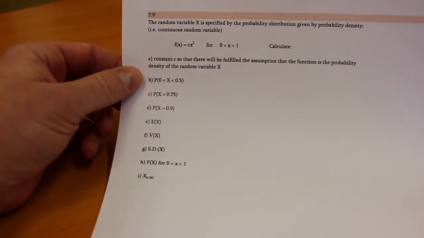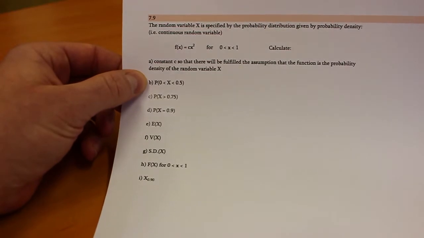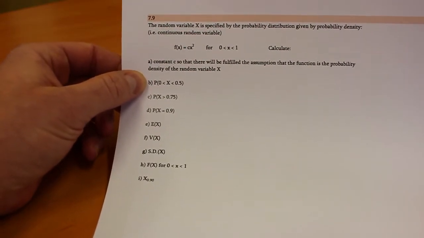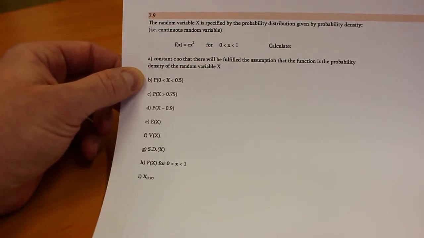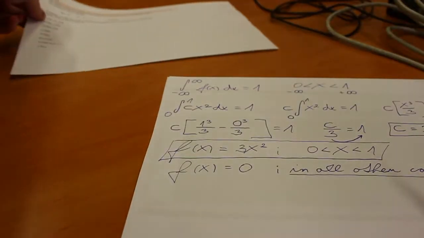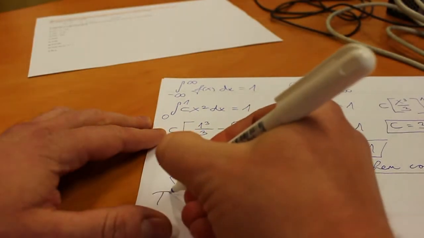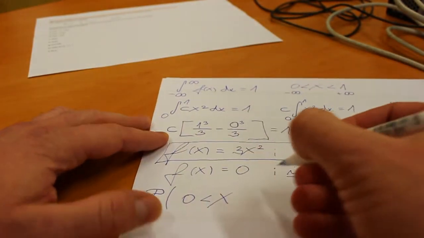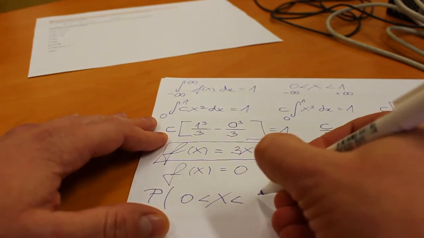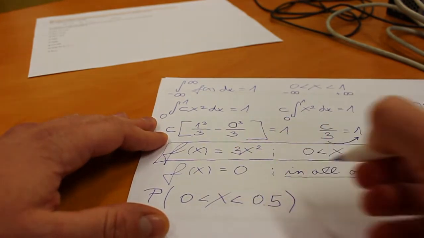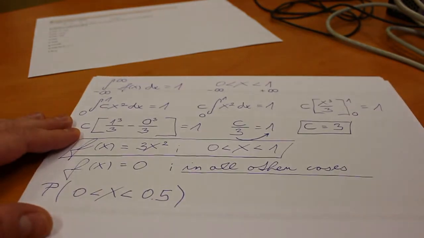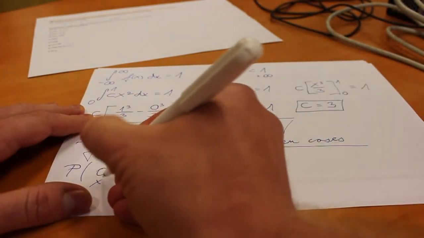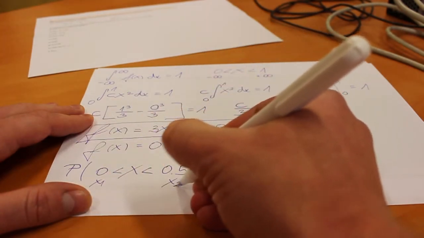variable x. Yes? And because we have the density, we can calculate the probabilities. Probability that random variable x will be higher than 0 and smaller than 0.5. Yes? In your formulas, you can find that this is x1, this is x2.